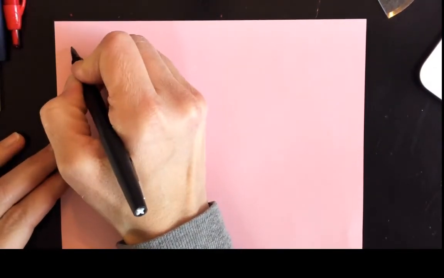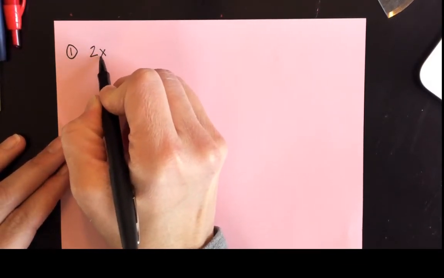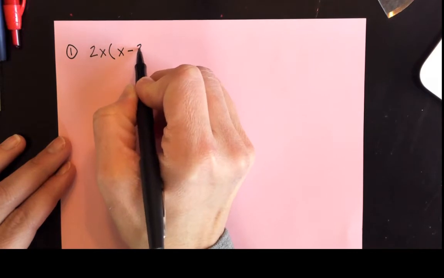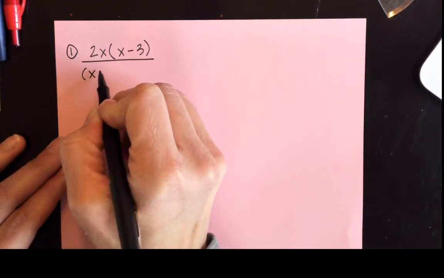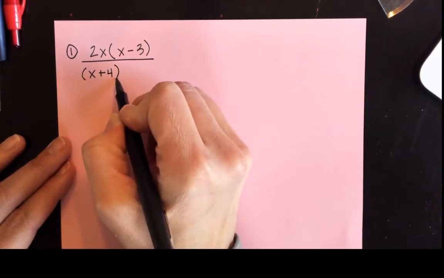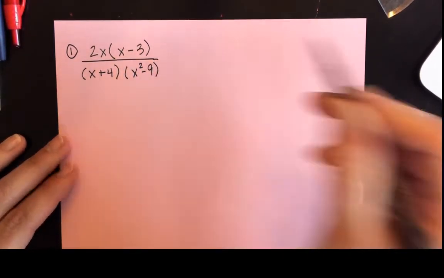My first one that I want to discuss would be the number 1 on this, and it does give us the 2x, x minus 3 on top, and then x plus 4 and x squared minus 9 on the bottom.